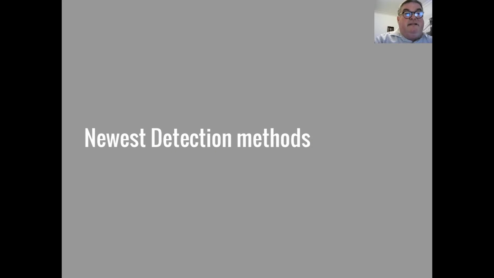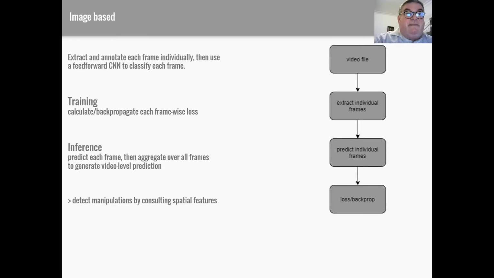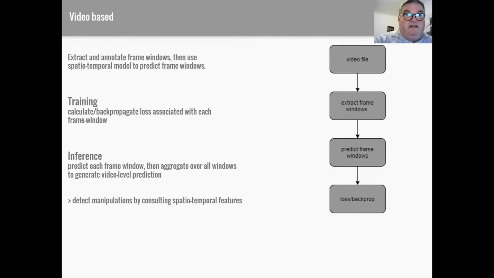The newest detection methods, at least which were new a few months ago, are often image-based. We see that there could also be a better way of detecting it by making it video-based, so based on the compression schemes, etc., that are used.